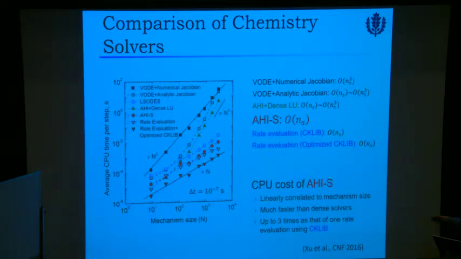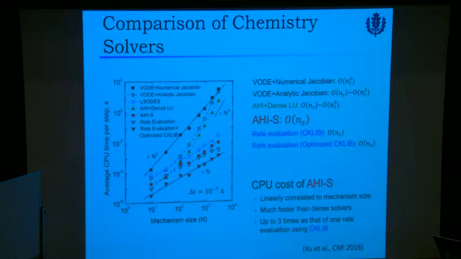That's pretty much the best you can do for any solver, because at least for each time step, you need to compute one reaction rate. So this is the minimum you can do for any solver. If you only use analytic Jacobian, you find it's this one. Analytic Jacobian helps a lot for small mechanisms.